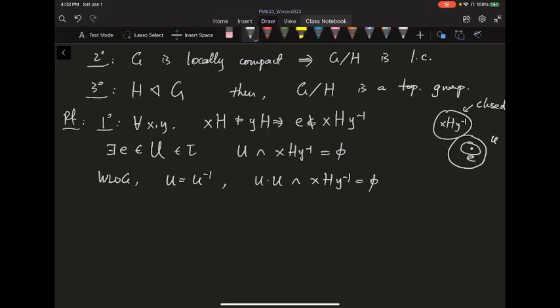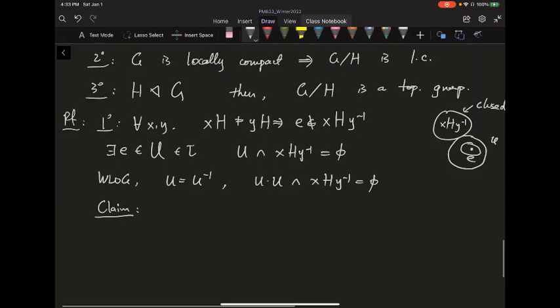Okay, so what does that mean? Well, I want to claim the following fact: that this U is going to help me separate xH and yH. In other words, I want to claim that if you consider the cosets Ux and you intersect Uy, their intersection is going to be equal to empty.